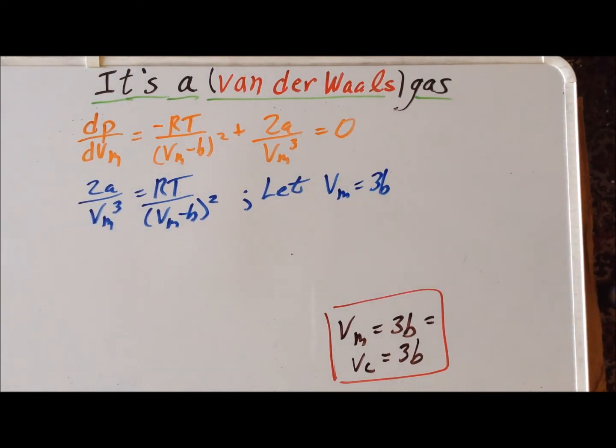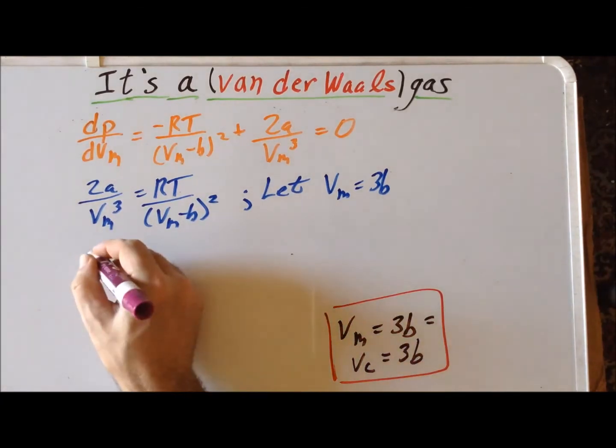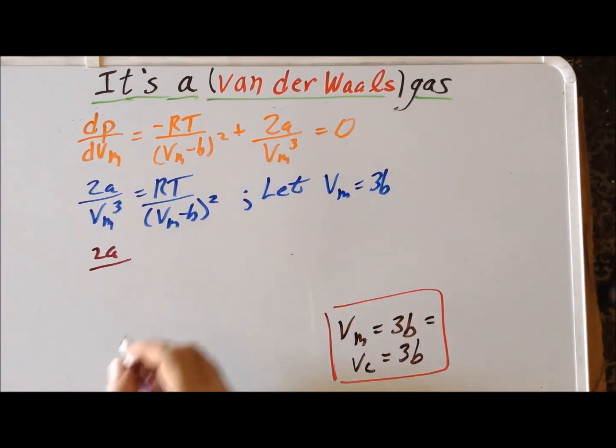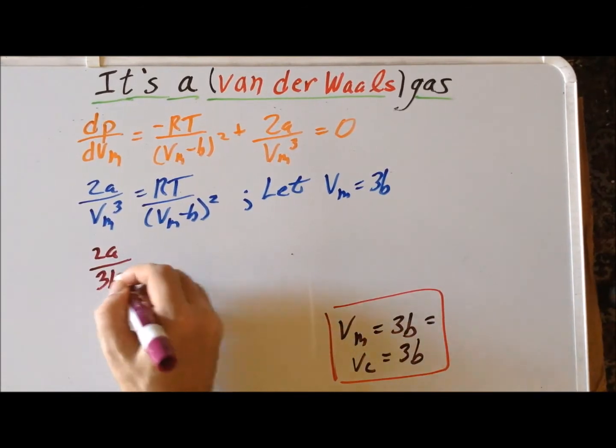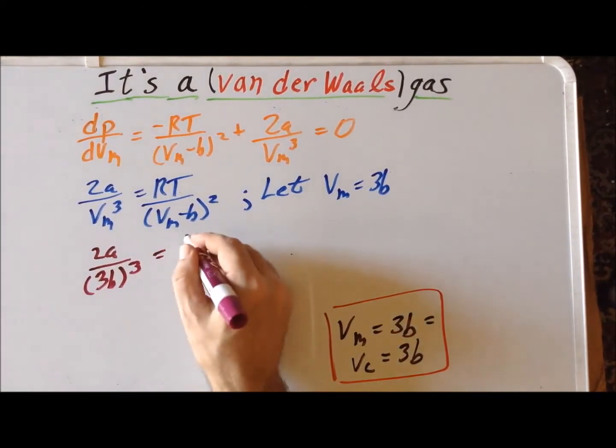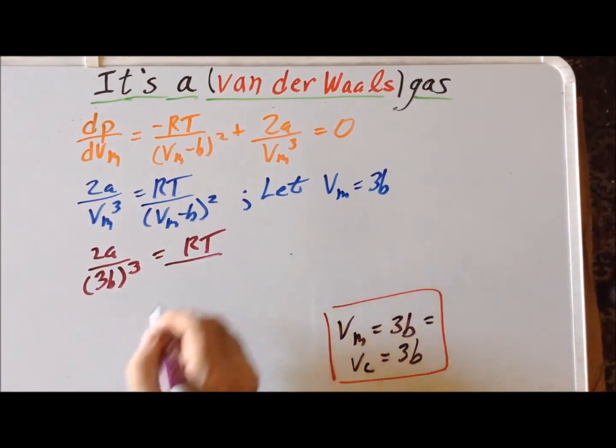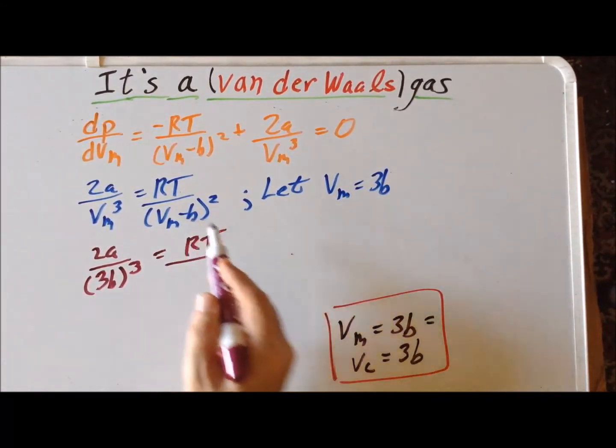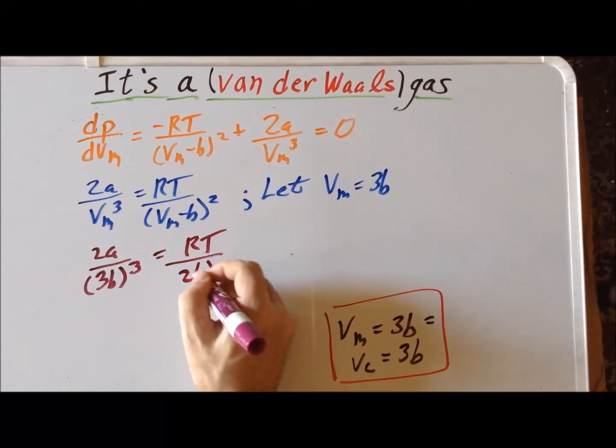Once we do that, we get 2a divided by the quantity (3b) cubed equals RT divided by 3b minus b, so that's 2b squared.